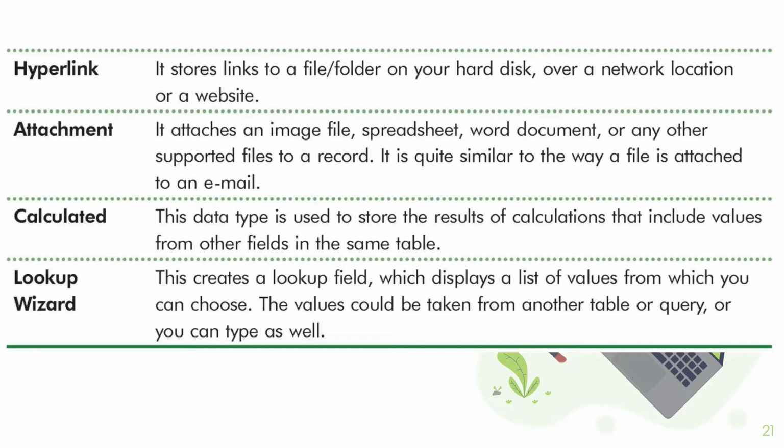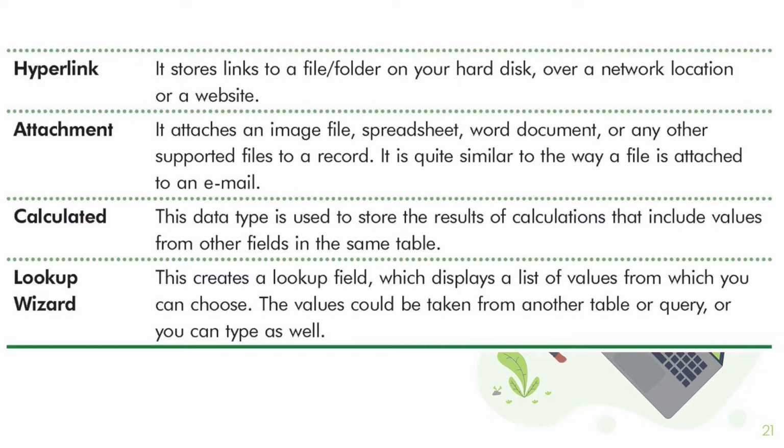Next, hyperlink. It stores links to a file or folder on your hard disk over a network location or a website. Next, attachment. It attaches an image file, spreadsheet, a Word document, or any other supported files to a record. It is quite similar to the way a file is attached to an email.